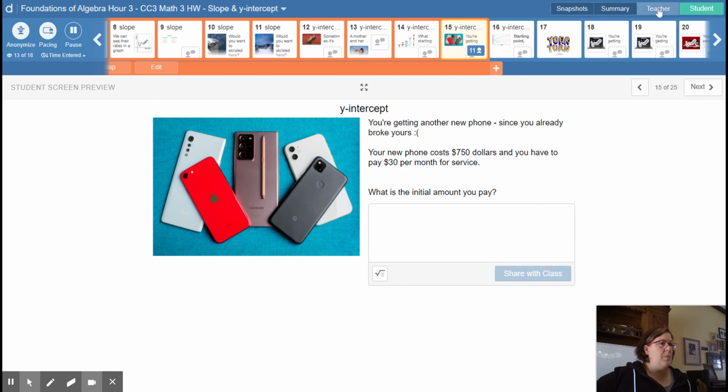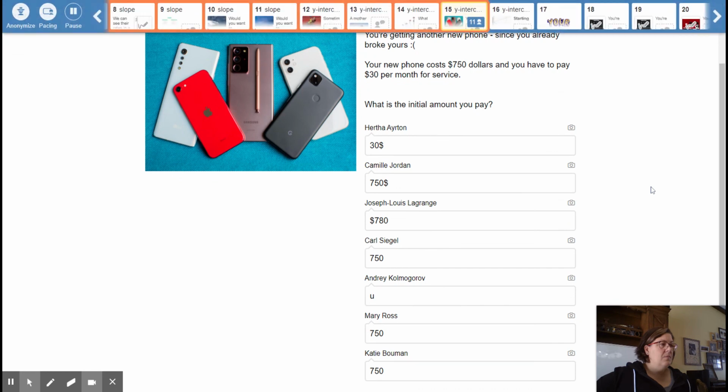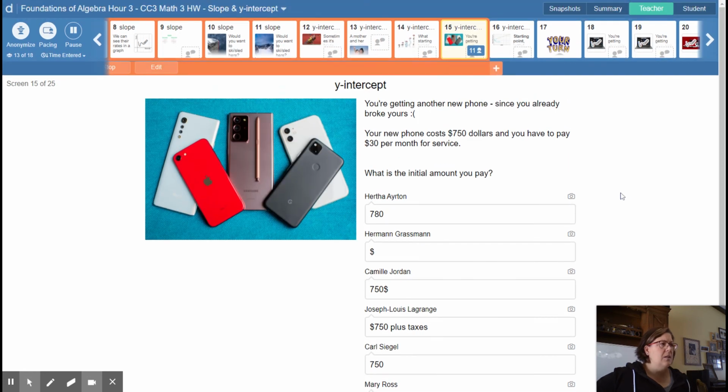So what are you going to pay? Careful, not $30. You're not going to buy the phone for $30. Yeah, it's going to be $750, right? You have to pay $750 just to get the phone, and that doesn't include activation. Okay, so in here, the starting value for slide 15, you should call that $750.